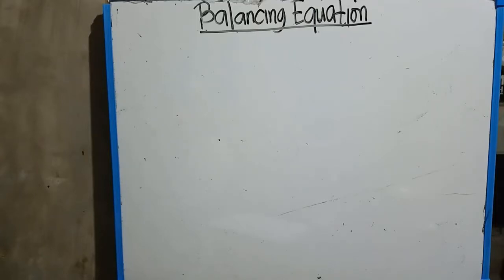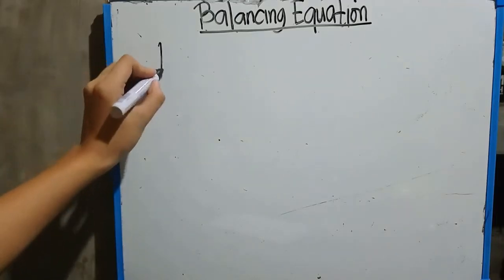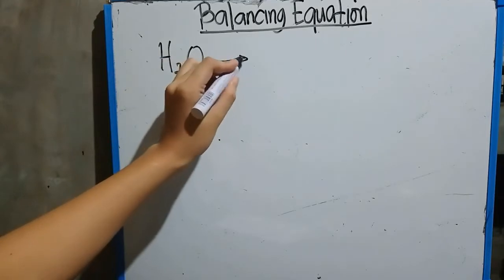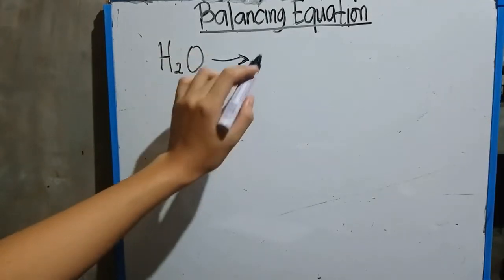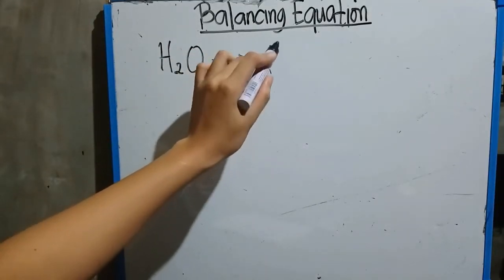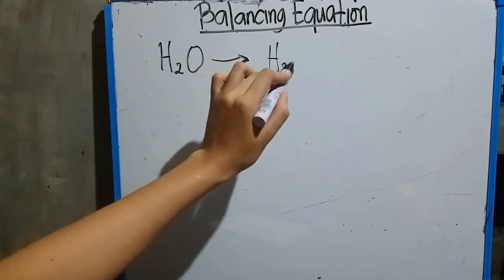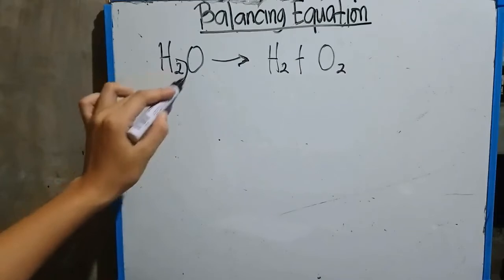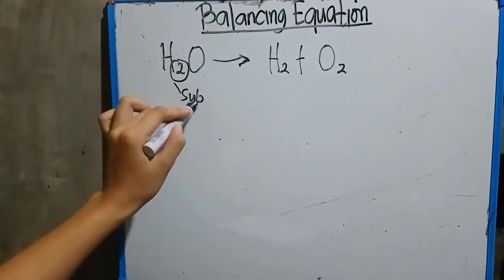This is where the coefficient is present. For example, we have water, H2O, which reacts with or yields H2 plus O2. This is our subscript.